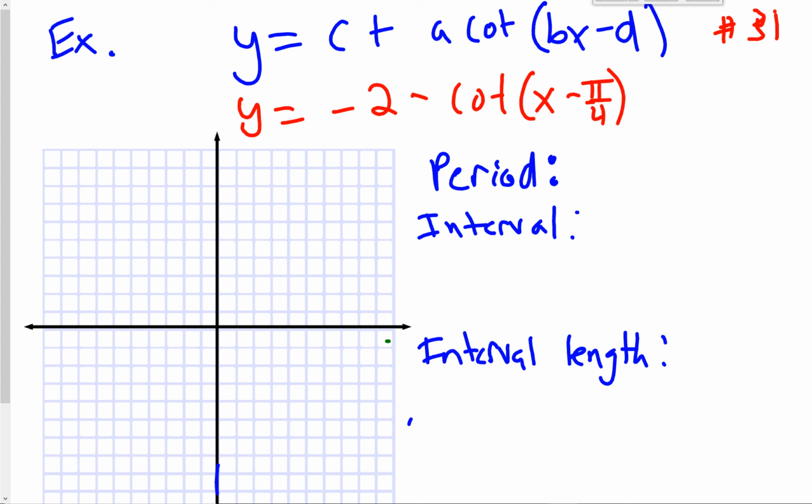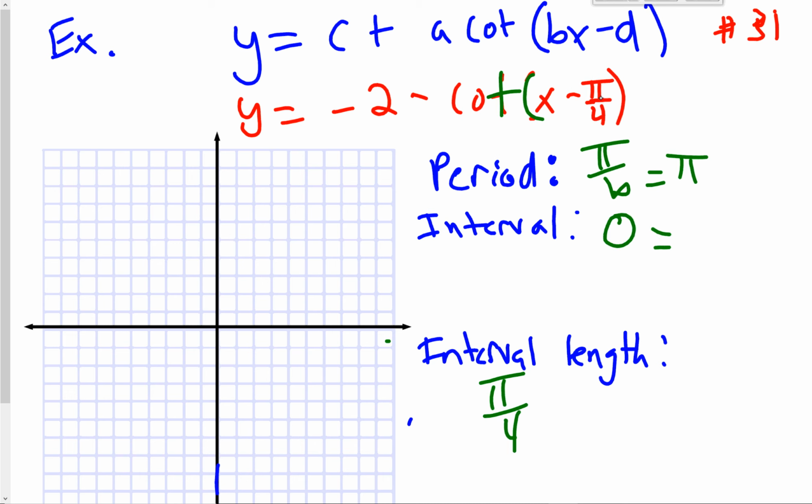All right, so the period length of cotangent is normally pi, divide that by b. Our b is just 1, so there's nothing being multiplied by our x except for 1. So it's just pi. And we're going to take that and divide it by 4, so pi fourths. So normal interval length is 0. So I'm going to set what I'm taking my trig function of equal to 0.